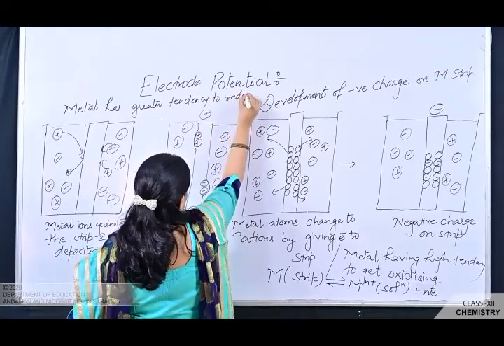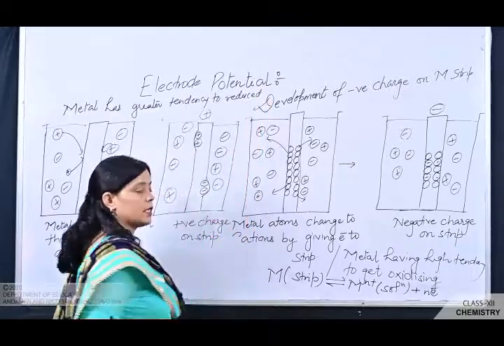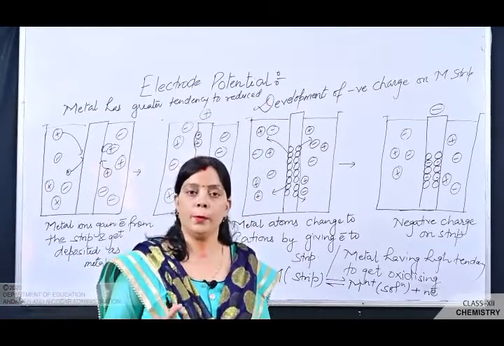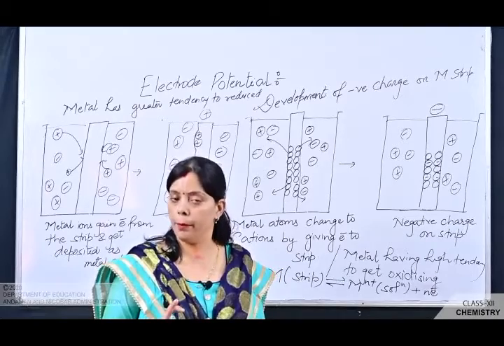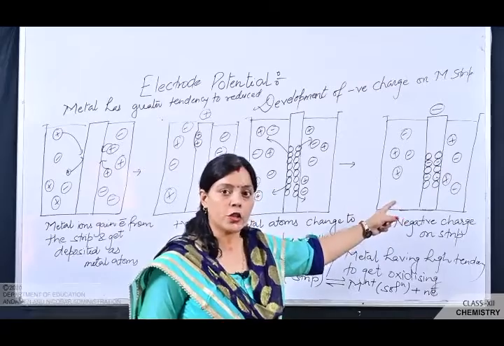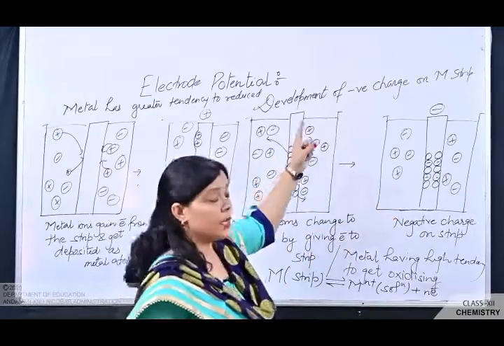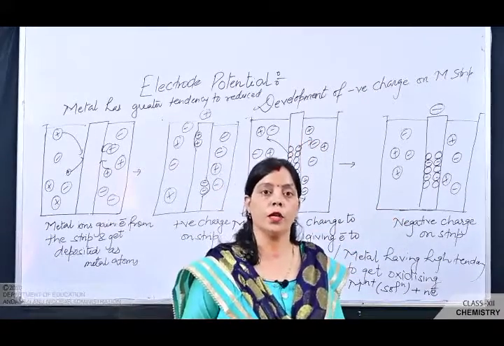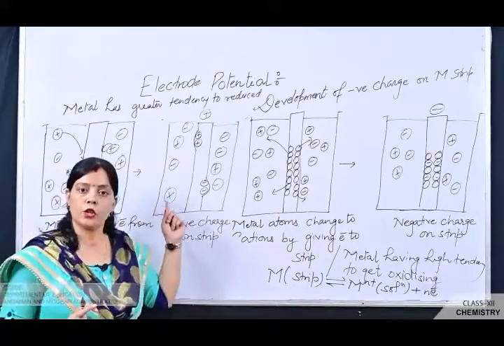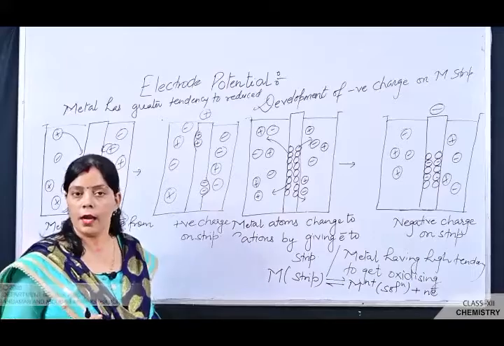Only when the metal ion has a greater tendency to undergo the reduction process is positive charge developed on the metal strip. Whereas in the case of negative charge on the metal strip, the metal has a greater tendency to undergo the oxidation process.